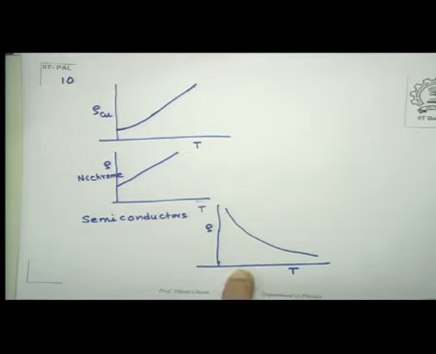If you look at the way the resistance of a sample increases when you increase the temperature, if the substance happens to be a conductor, then the resistance will rise with the increase in temperature. In other words, the conductivity, the conductance, will decrease.